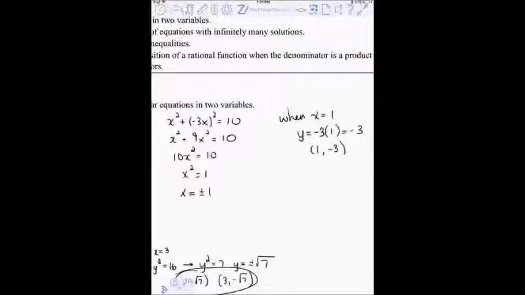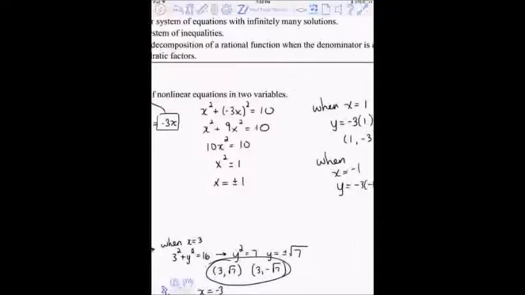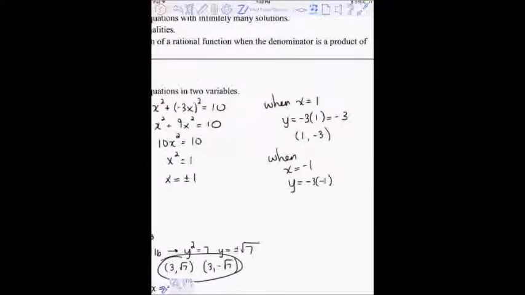So one solution is 1 comma negative 3. When x equals negative 1, we have an equation of y equals negative 3 times negative 1, and where I'm getting this y is from this equation here, y equals negative 3x. And that equals positive 3, so we have those two as solutions.